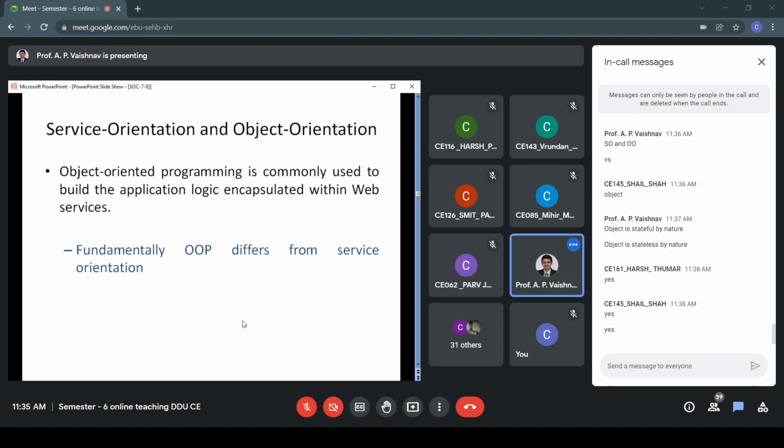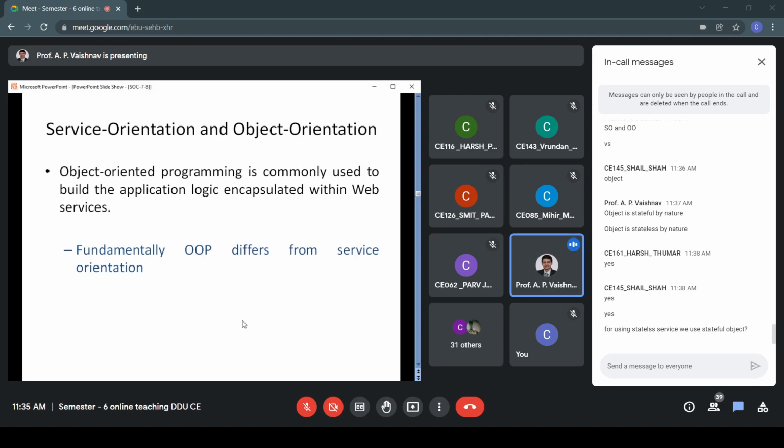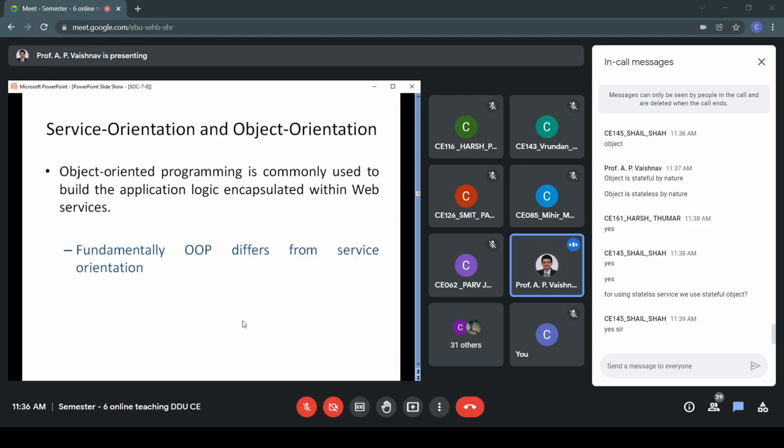So let us start. First point is this. In service orientation, our focus for using stateless services is stateful objects. That's correct, because an object by default is stateful. That is the essence of object-oriented programming. But as we are making the messages stateful, as we are storing the state information in the message, due to that, your services can be stateless.